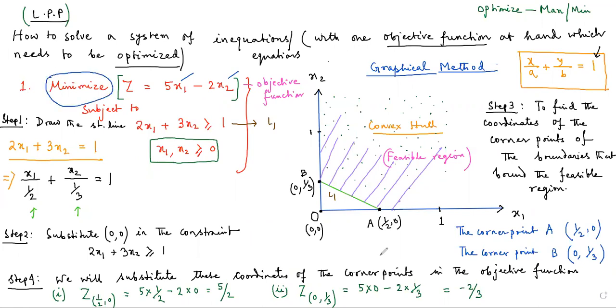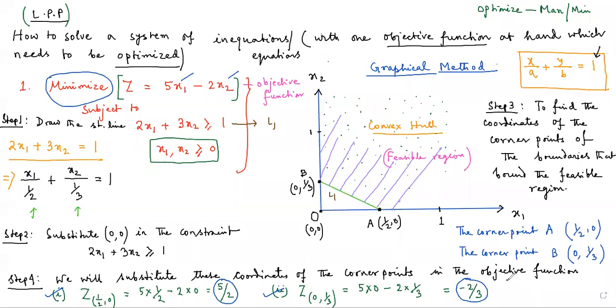After substituting the coordinates of the corner points here and here, we got 2 values. One is 5/2 and another is -2/3. And obviously this second value, -2/3, is the minimum of the 2 values.